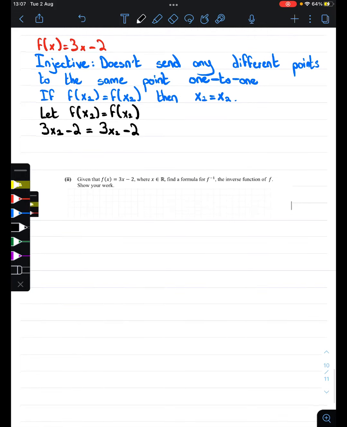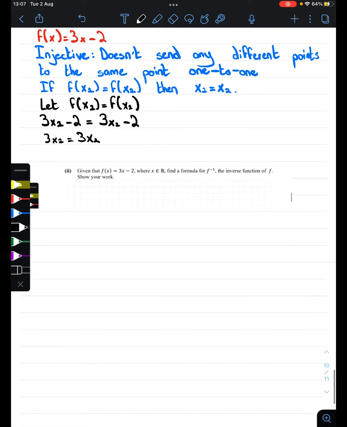Okay. Well, now the 2's cancel, so we get 3 times x1 equals 3 times x2. And then if we divide by 3, we show that x1 equals x2. So we let f of x1 equal f of x2, and then we got that x1 equals x2.